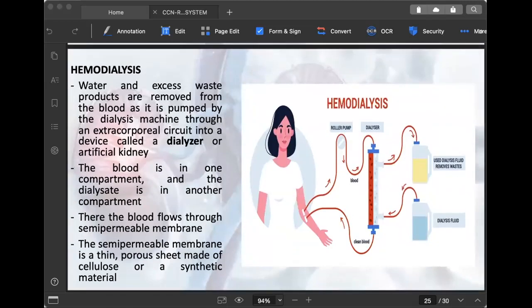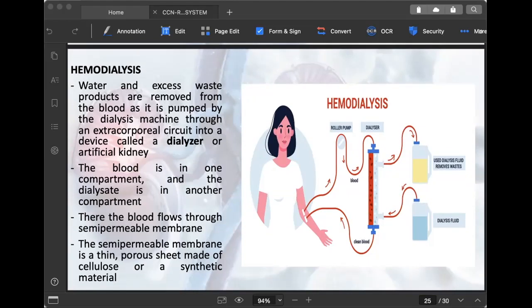Hemodialysis. I know that some of you are already exposed to hemodialysis units of some of the hospitals that we are accredited with. So you have already had the chance to at least assist patients undergoing hemodialysis. What's important here is the dialyzer.